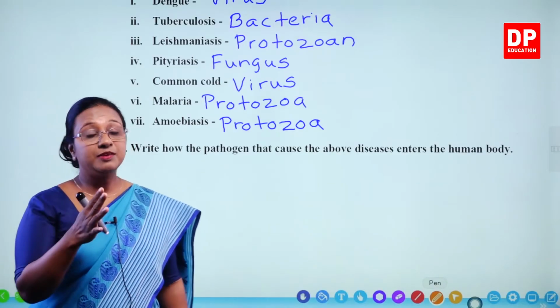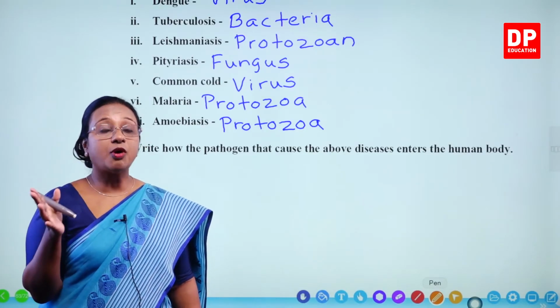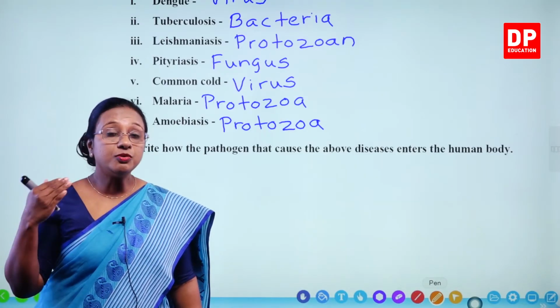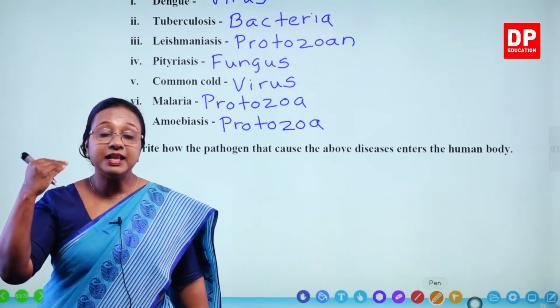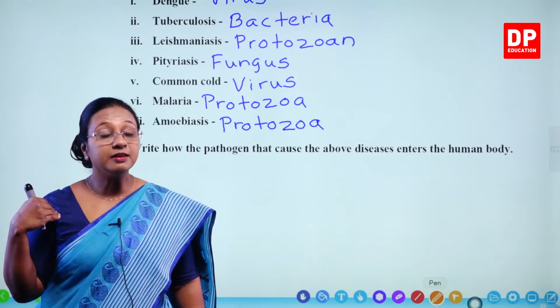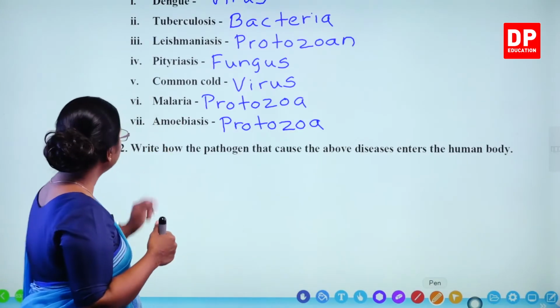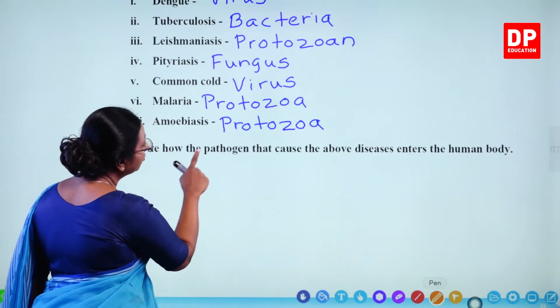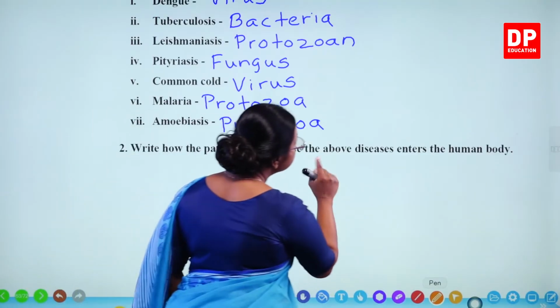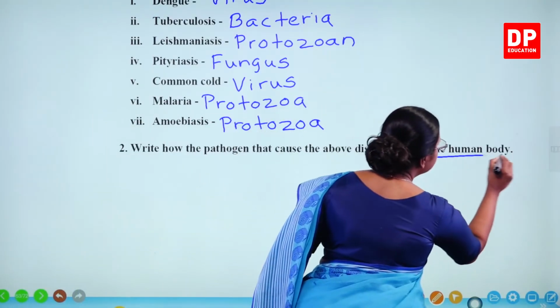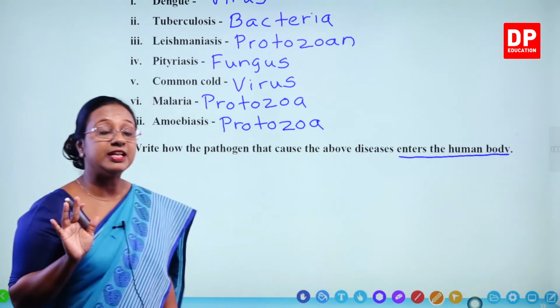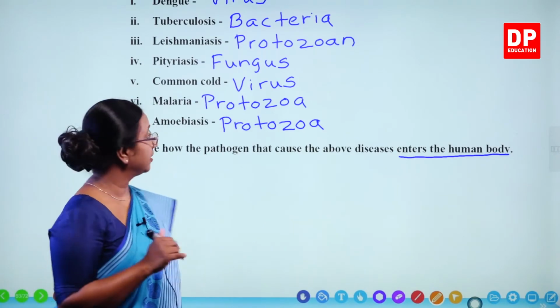So for example, if we take the common cold, it spreads through air, but it enters the body through the respiratory system. So that is what you have to write.